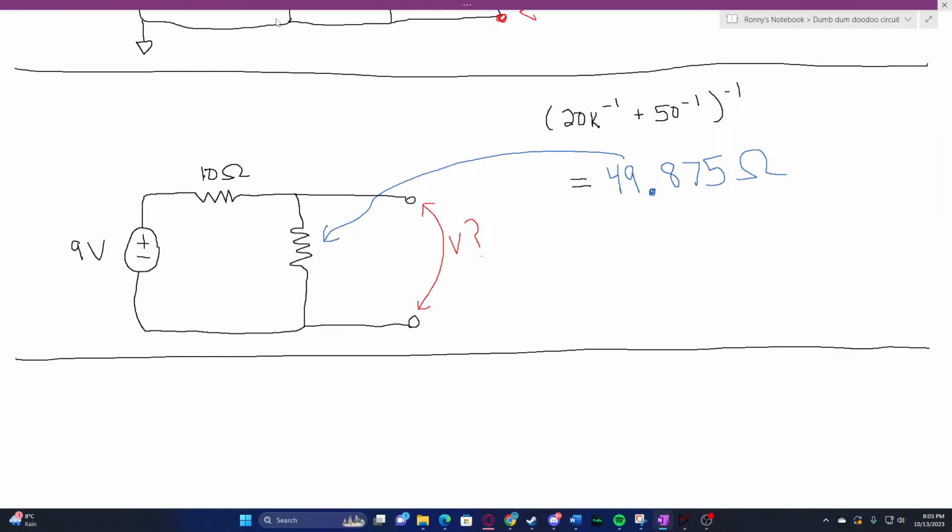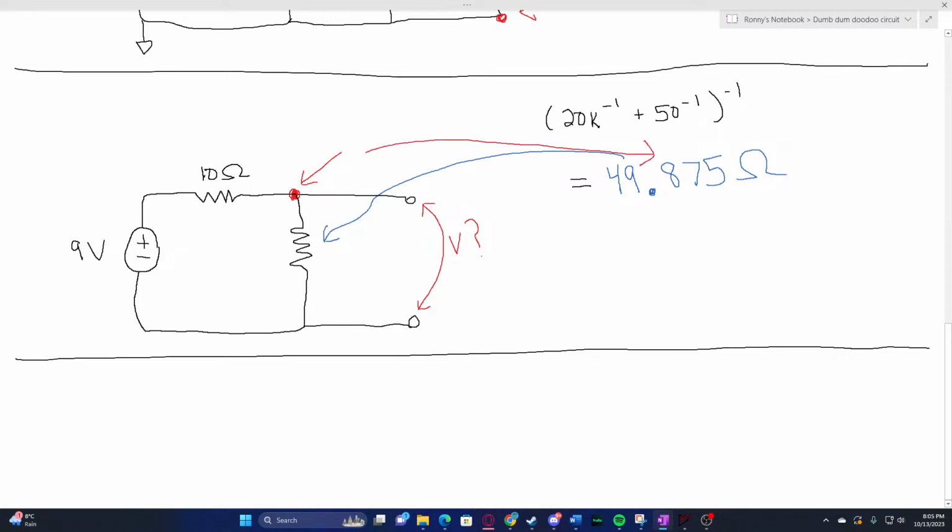We want to know the voltage here based on that resistor. To figure that out, that is, again, one more voltage divider.